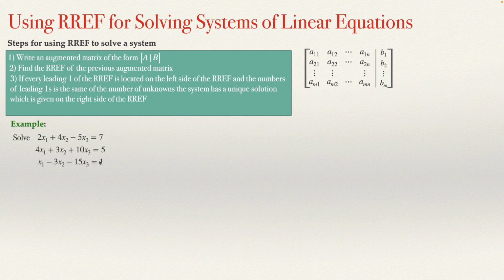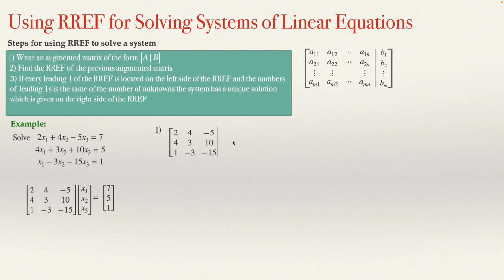We can use the same example of the other video, the same system of equations that we know is equivalent to this matrix equation. And of course, the first thing to do with this method is to type the augmented matrix for solving a system of equations.